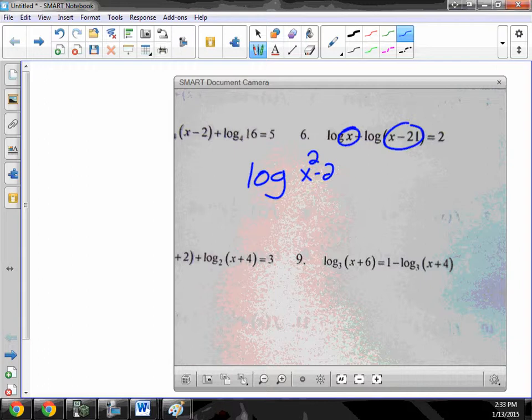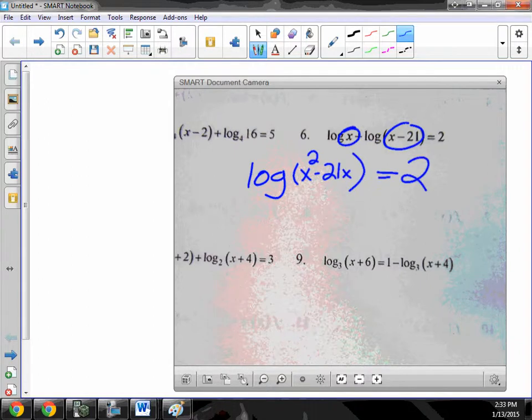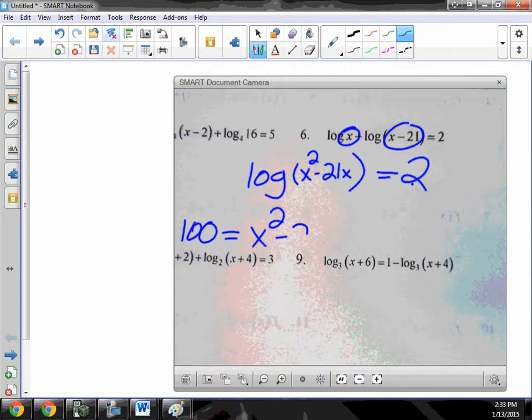X squared minus 21x equals 2. Now what? Now we got to convert to exponent. So what's the base? 10. 10 squared would be 100 equals x squared minus 21x.